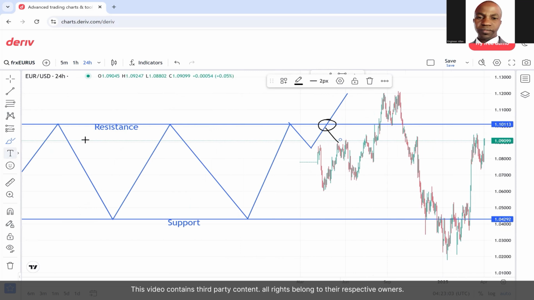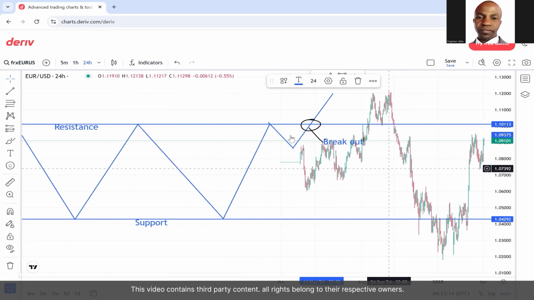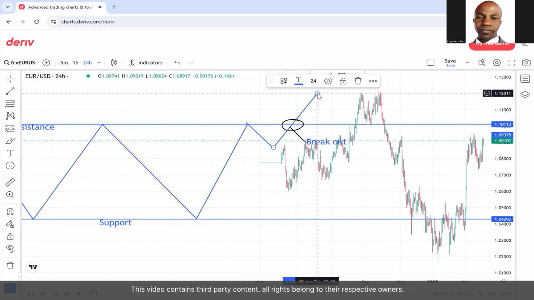The market breaks out at this particular area. Once the market breaks out here, this is the time when we invoke the breakout strategy.